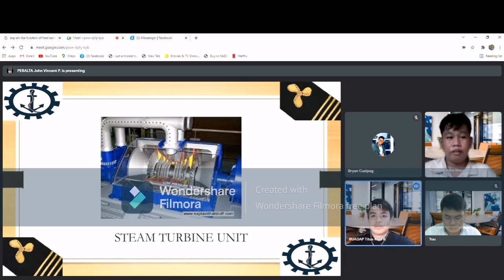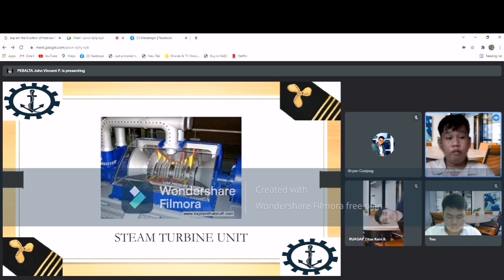Peralta, what are the advantages of a shell and tube type heat exchanger? So the advantages of the shell and tube heat exchanger are that it has a more rugged design than other heat exchangers. Next, since the device can be easily dismantled, cleaning and repairs are relatively straightforward. Also, it can stand more process and physical abuse. It can withstand very high temperatures and pressures.